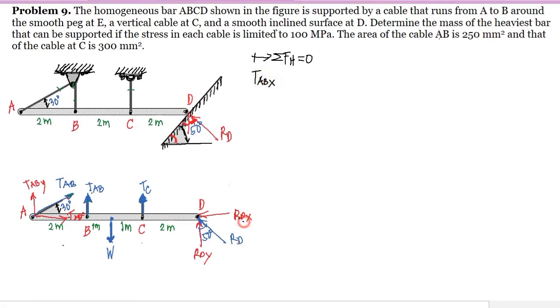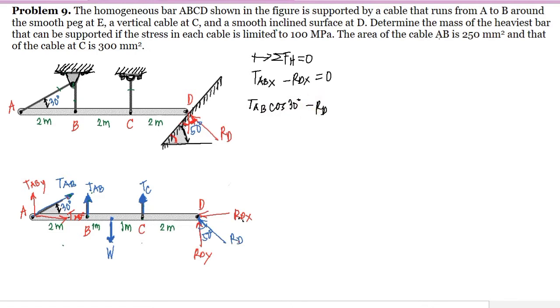And the horizontal component of RD is directed to the left, so it's negative RDX equals 0. This is the adjacent side of the angle 30, so we have TAB cosine 30 degrees minus RD.